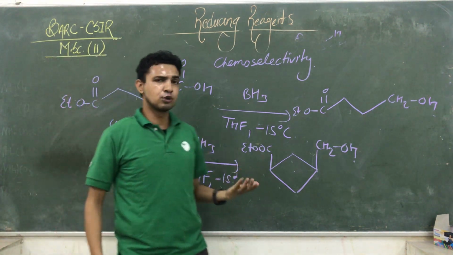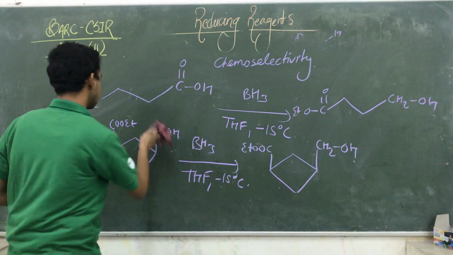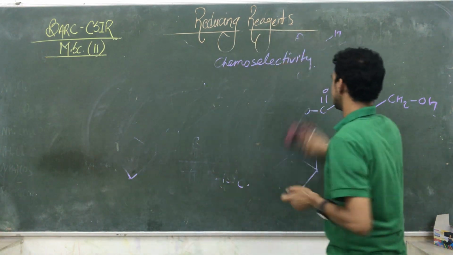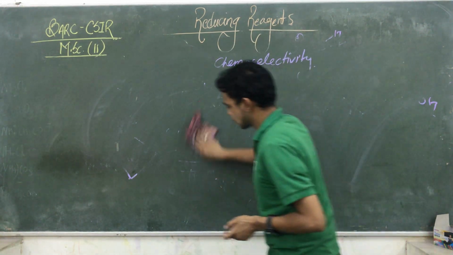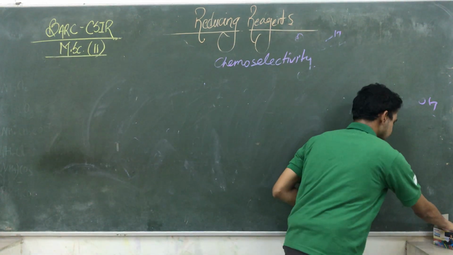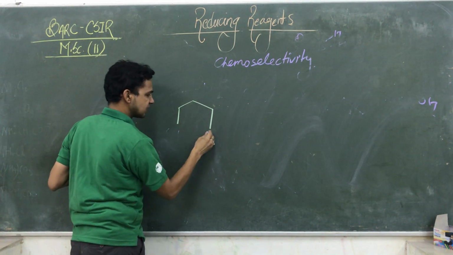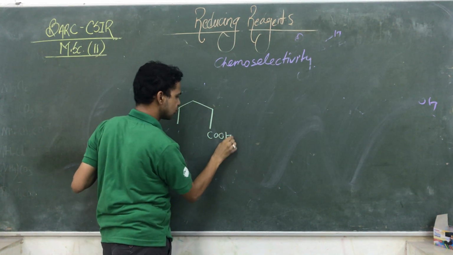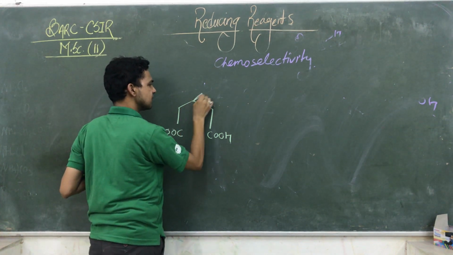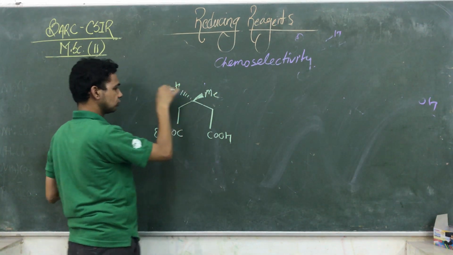But we will also show you another reaction in which it shows other chemical properties. I am taking one example having 2 different functional groups, and let us see which type of product is formed. Suppose this one is a COOH group and this one is a COO methyl group, with this one a methyl group and this one hydrogen.